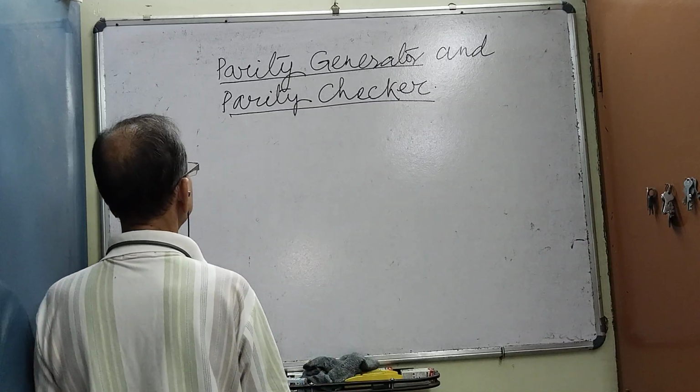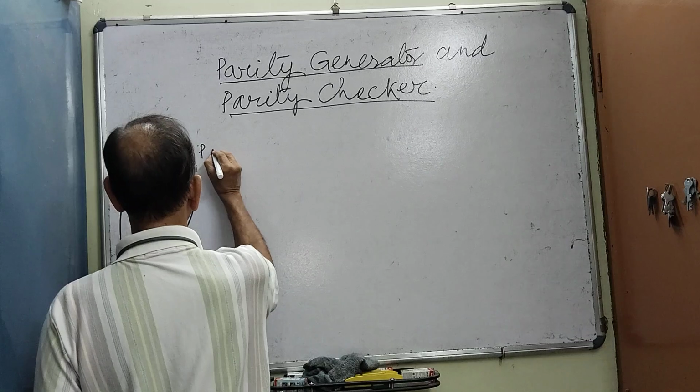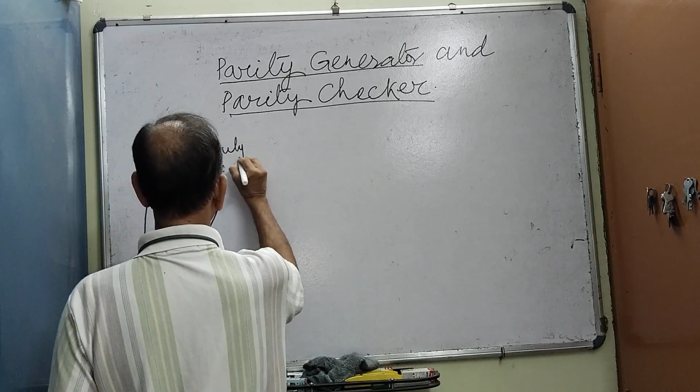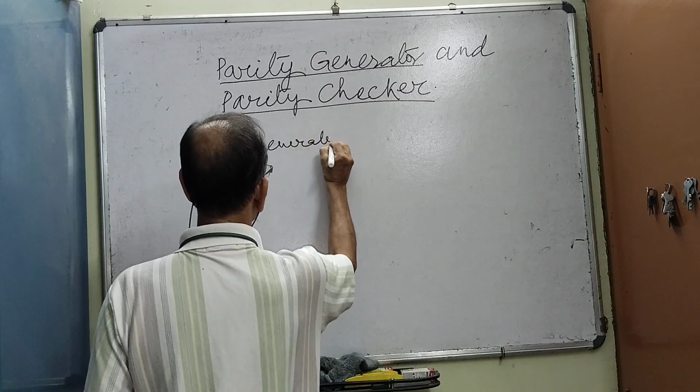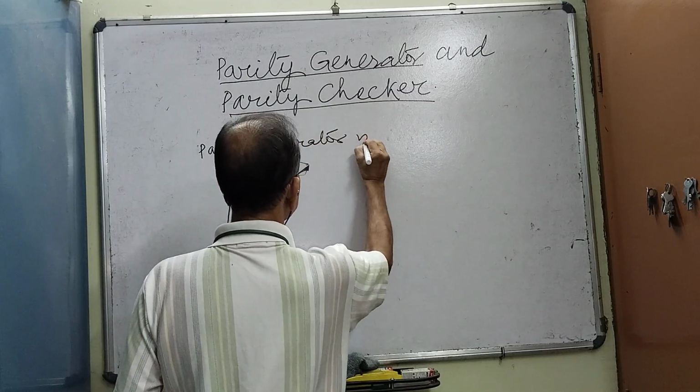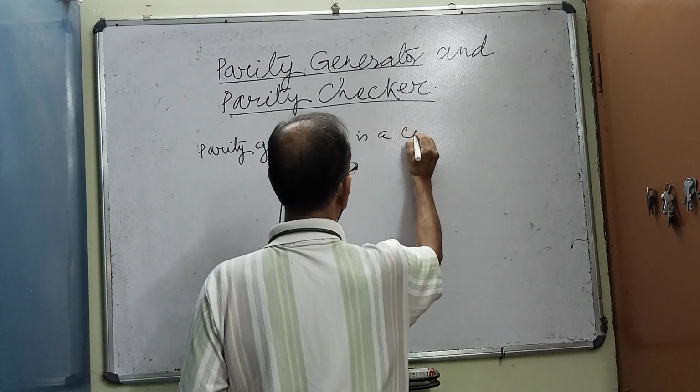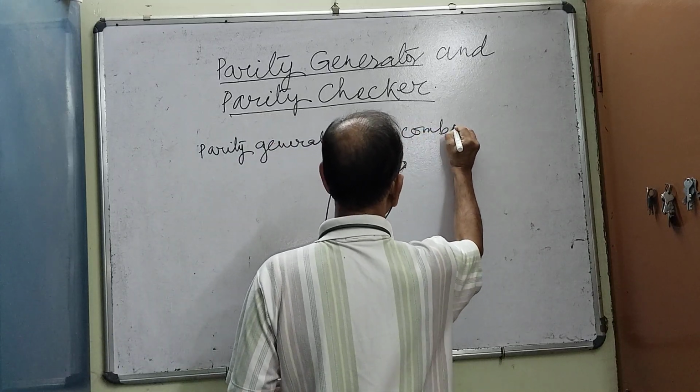The parity generator is a combinational circuit.